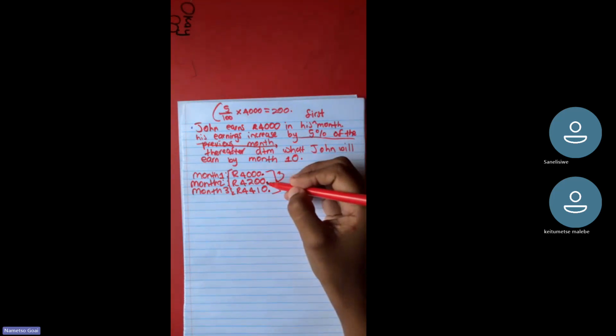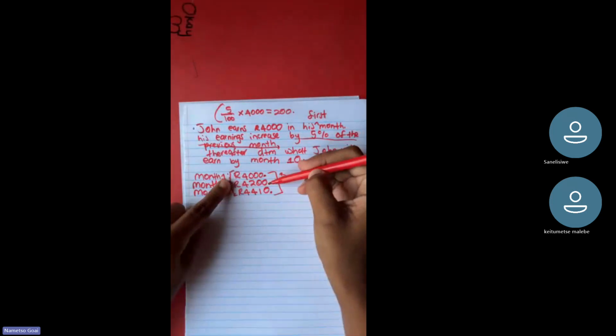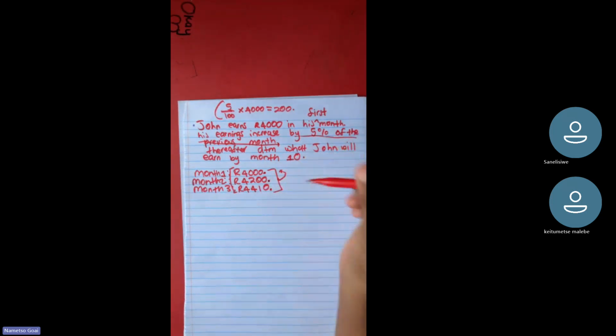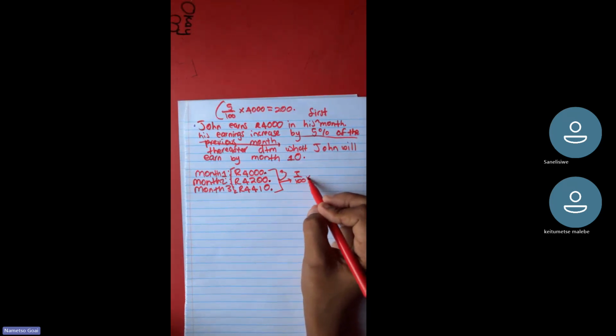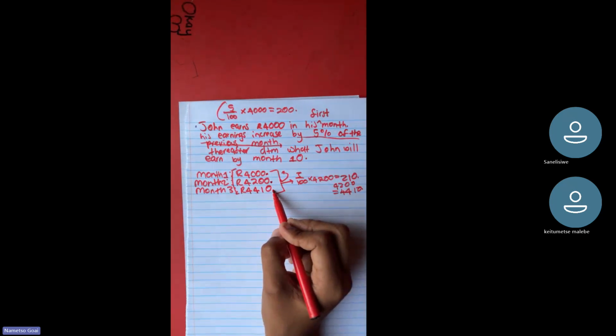So now, in month 3, they had to add 5% of the previous month to what he currently had, and then it gave us 4,410. Because when you say 5 divided by 100 times 4,200, you're going to get 210. So this 210, once I added to the 4,200, gives you 4,410, which is what we have over here.